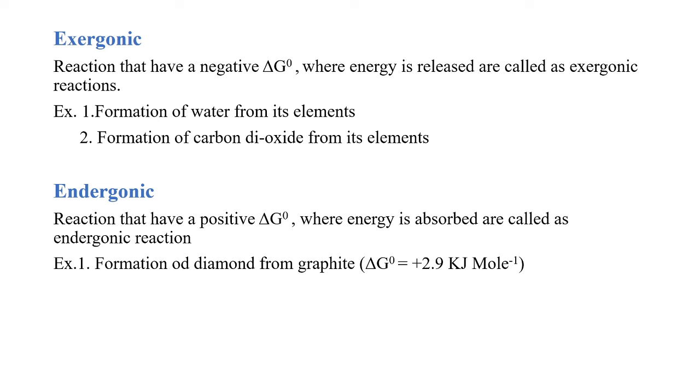So in exergonic the reaction have negative delta G naught, that is the energy is released, and in endergonic the reaction have positive delta G naught and energy is absorbed.